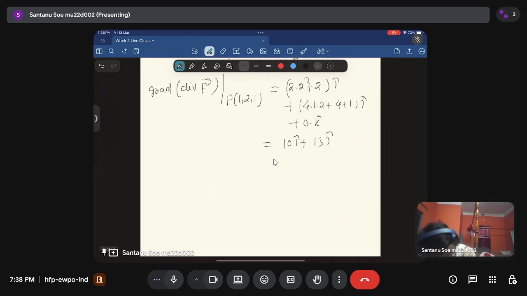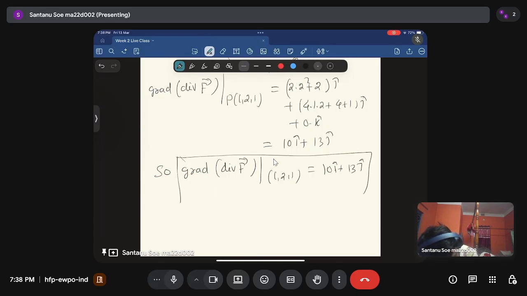Okay, so gradient of divergence of f at the point (1, 2, 1) is 10i plus 13j.